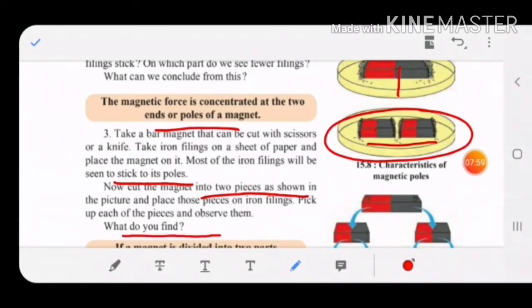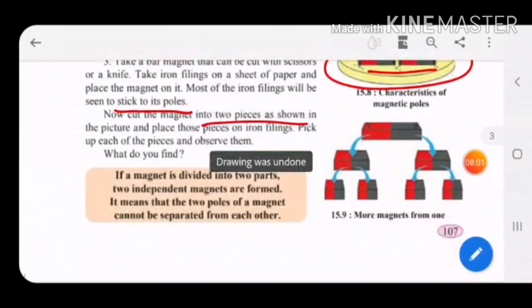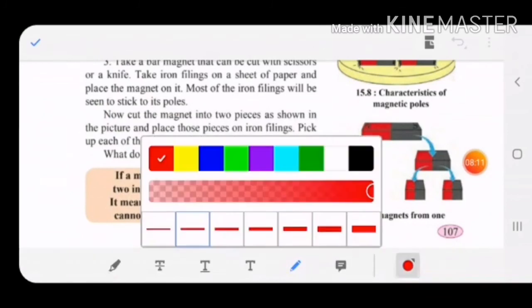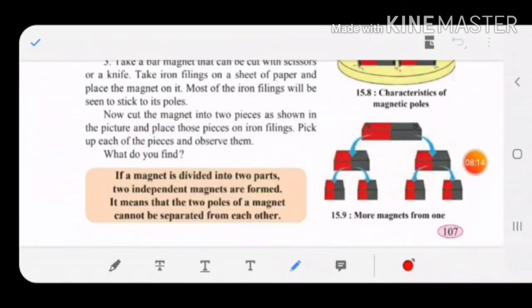What do you find? You will see that the iron filings again stick to both ends of each piece. So, children, when you cut the magnet and divide it, what happens? Each piece again has two poles, and on those two poles you will find most of the iron filings sticking.